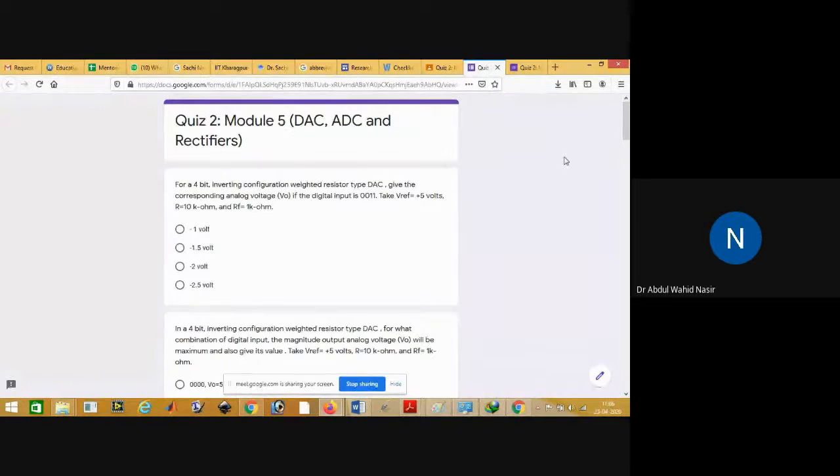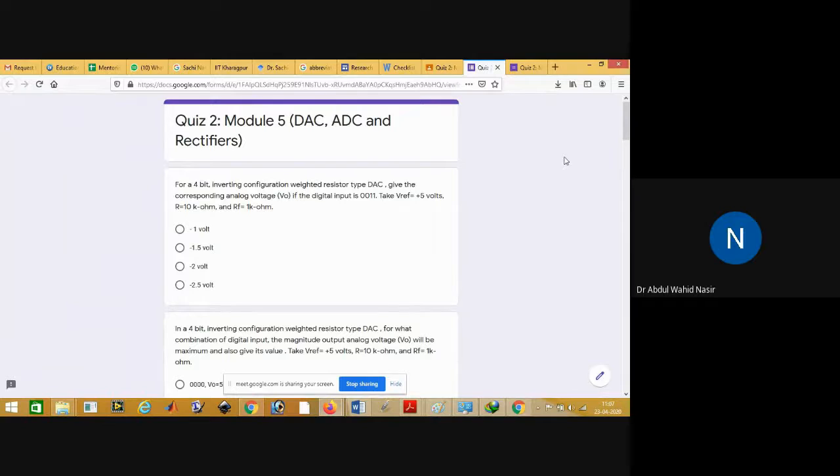Inverting configuration means the input will be given at the inverting terminal of the operational amplifier. So for a 4-bit inverting configuration weighted type DAC, you have to give the corresponding analog voltage. The input is digital, and for that you have to give the corresponding analog voltage.